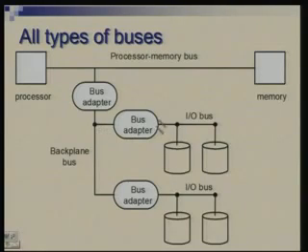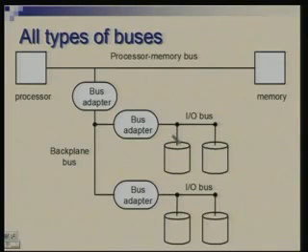Concurrency would be possible in a localized area. So let us say the disk was here and the printer was there. The disk data could be flowing on this bus at the same time as the printer data is flowing on this bus, but here they are coming on a common bus. So here they will get sequentialized, but what we need to understand is that the rate at which data flows would be different.